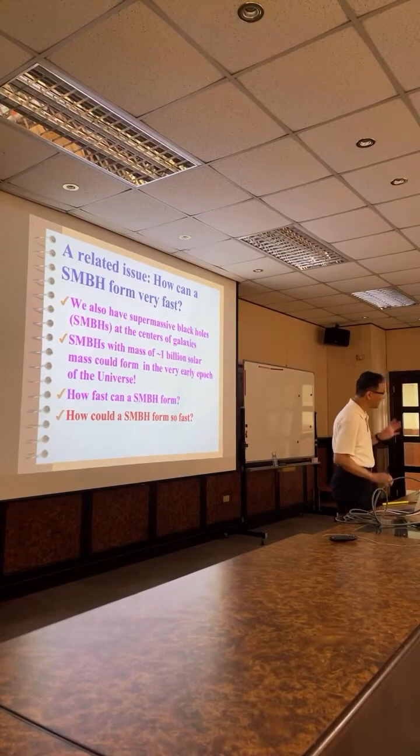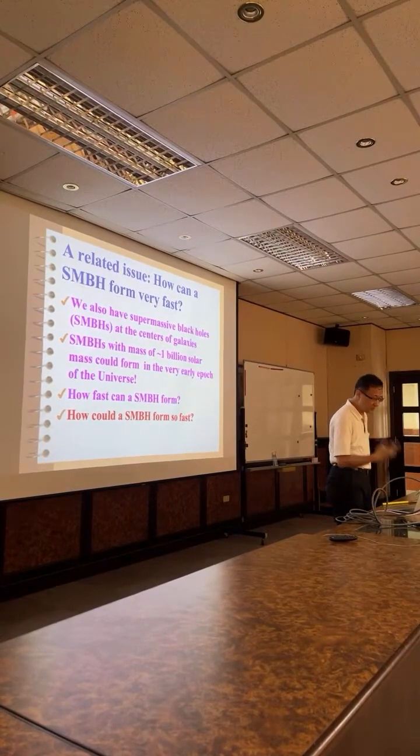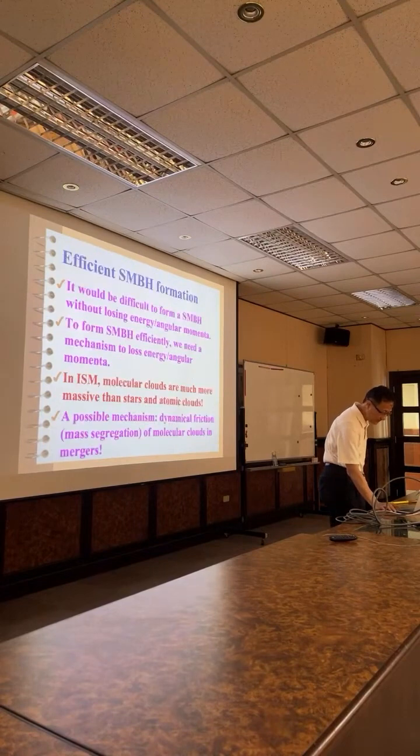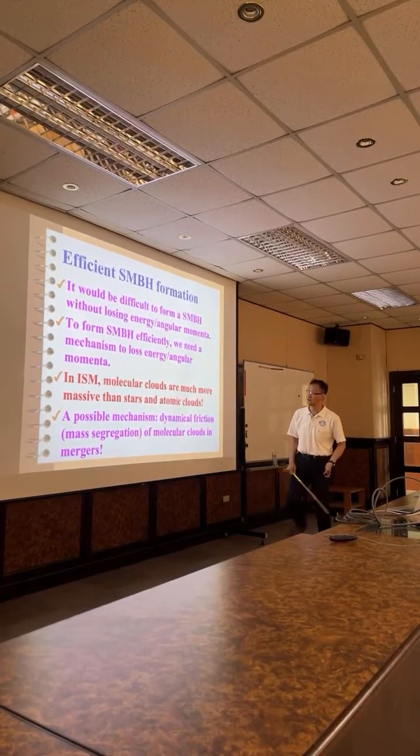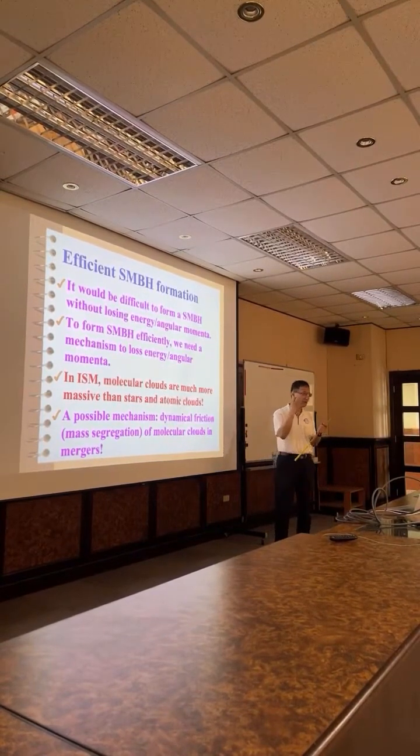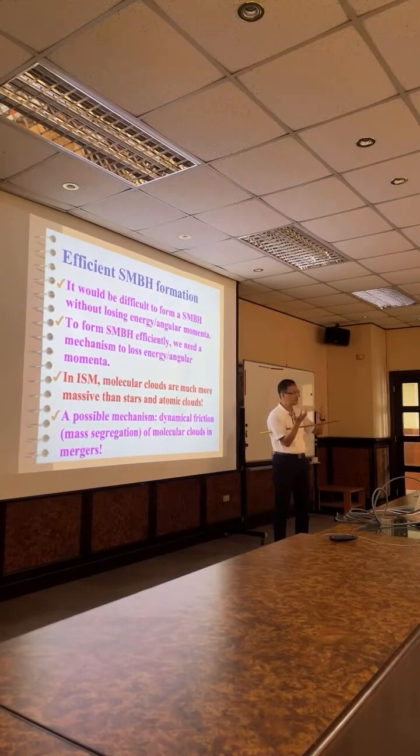So let's take an example in the local universe. It's usually very difficult to fall into the supermassive black hole because usually when you have gas or stars, you always have energy and angular momentum.